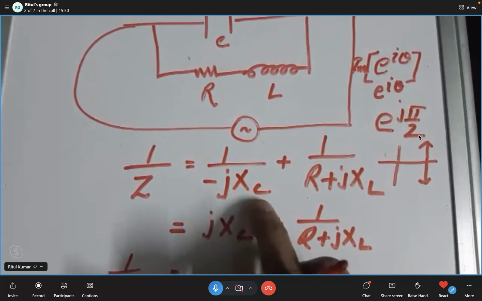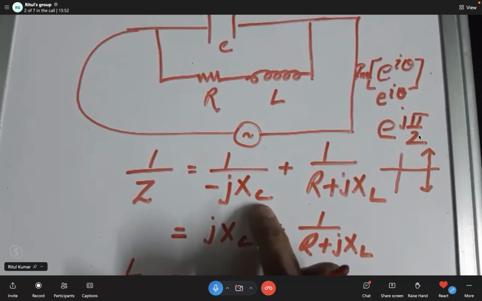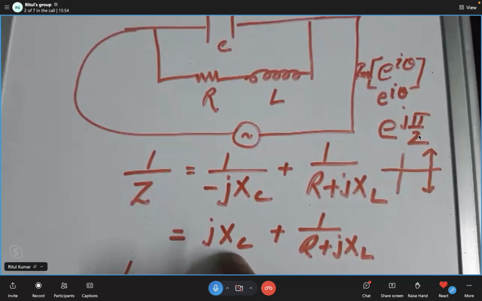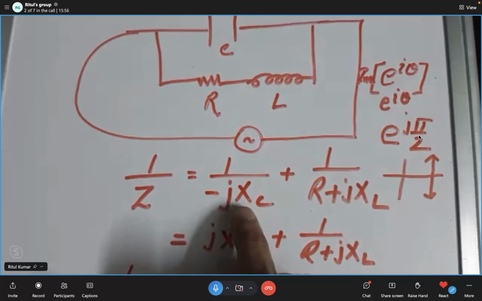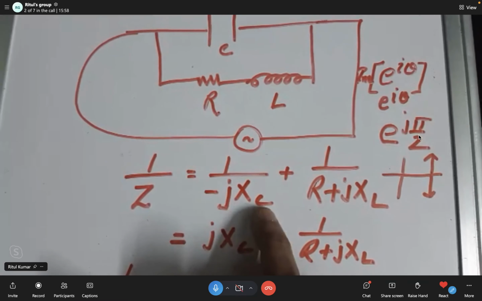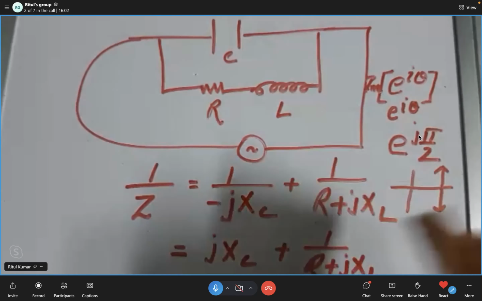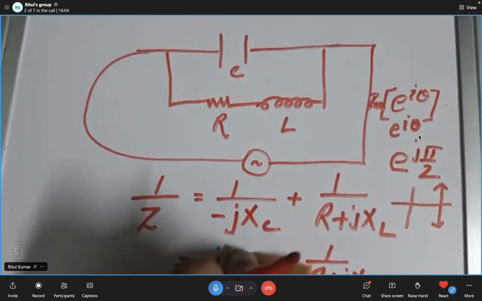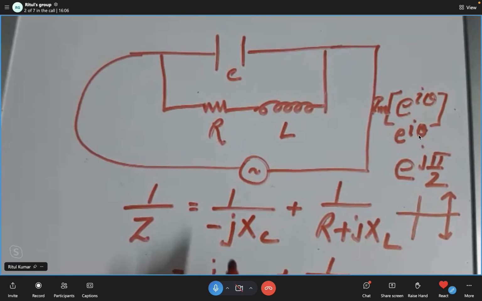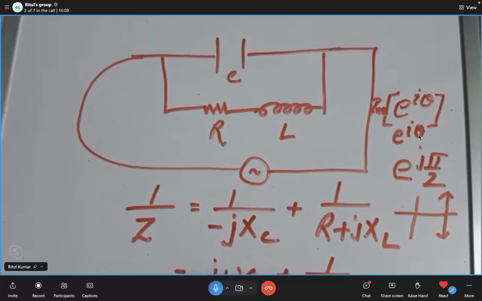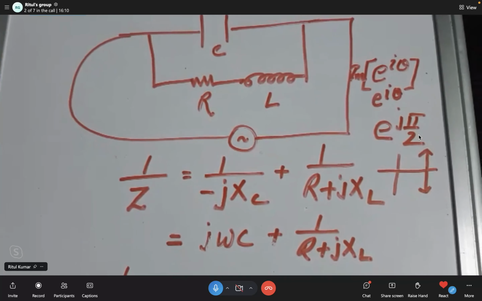XC is 1 by omega C, right? Yes. So omega C will go up, right? Yes, so that'll still remain 1 by XC. This is omega C. Not XC, omega C. Okay. Good now? Yes.